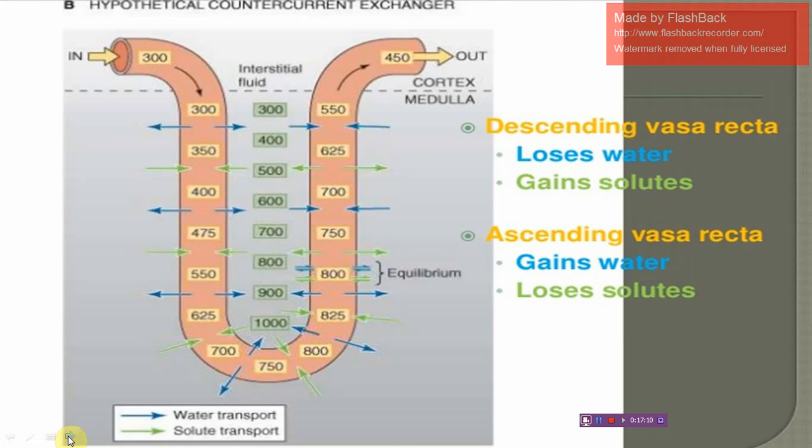It is the hypothetical countercurrent exchanger, by vasa recta. Descending vasa recta loses water and gains solutes. Ascending vasa recta gains water and loses solutes according to the medullary osmotic gradient.